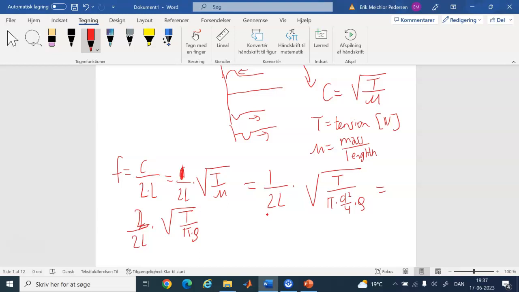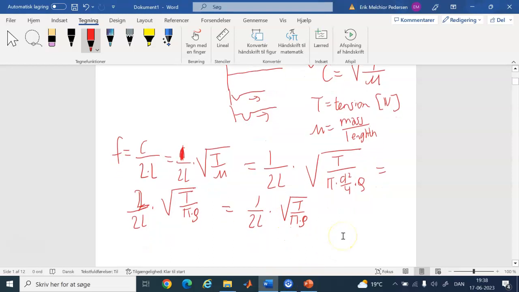The square root of one over four gives 2, so this makes 2 over... It should be 1 over L times D like this. I'm a little bit sloppy now.